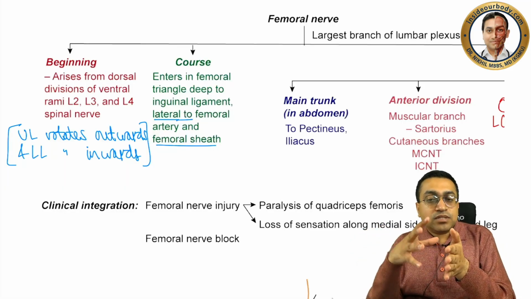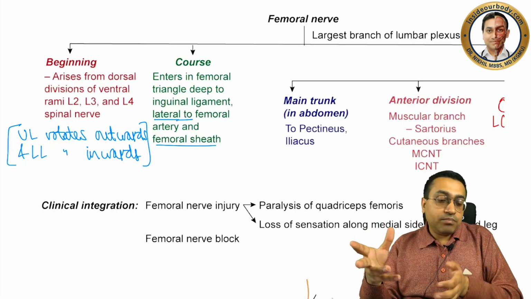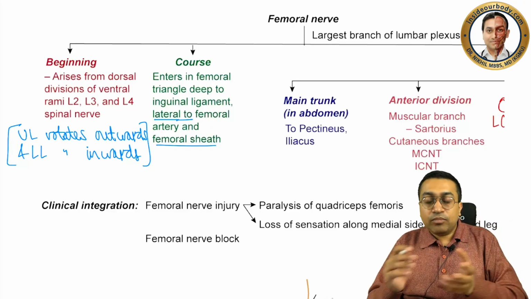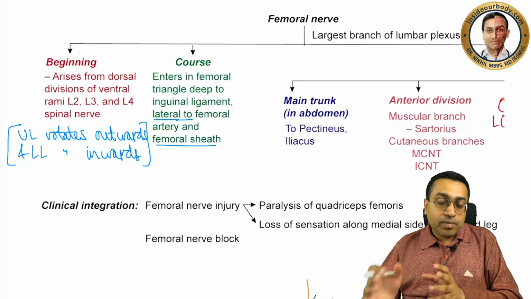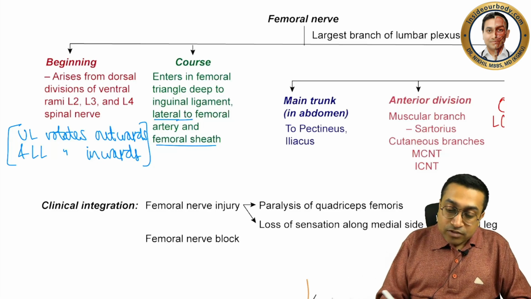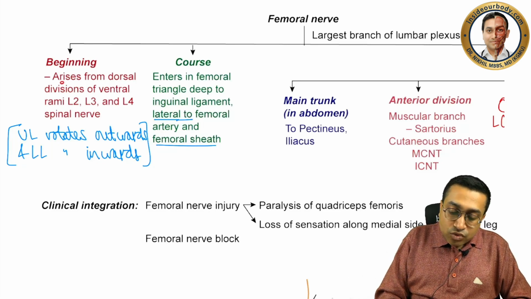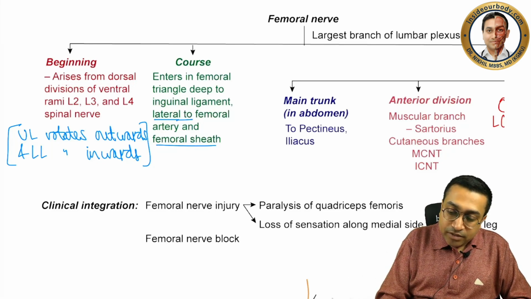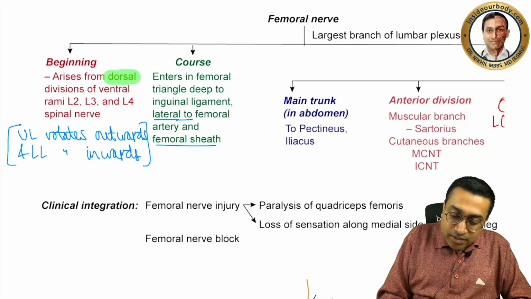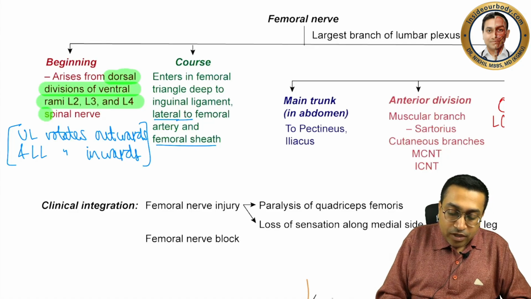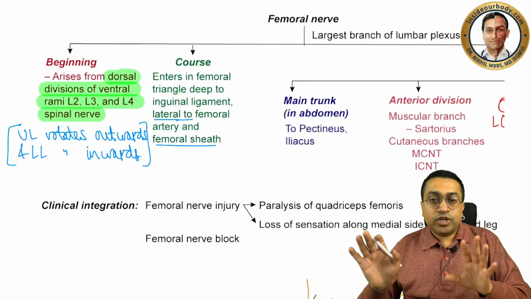So that means the obturator nerve is supplying the medial compartment. So that's the embryological basis of this nerve supply. So please remember this question. I am highlighting this fact: this arises from the dorsal division of the ventral primary rami of L2, L3, L4 spinal nerve. And this is due to the rotation concept.